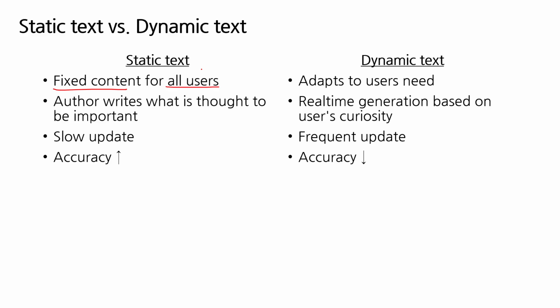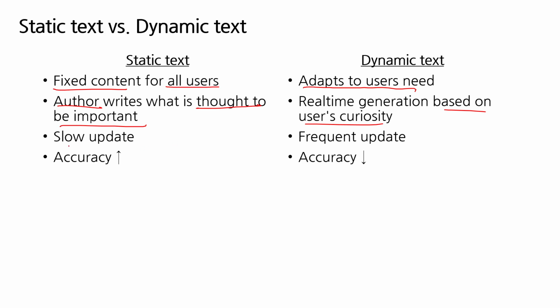However, dynamic text generated from LLMs can be very individualized. It can adapt to users' needs for each and every person. Static text, the author writes what is thought to be important. However, the LLM generated dynamic text, it can be based on users' curiosity, so it can be different for everyone.